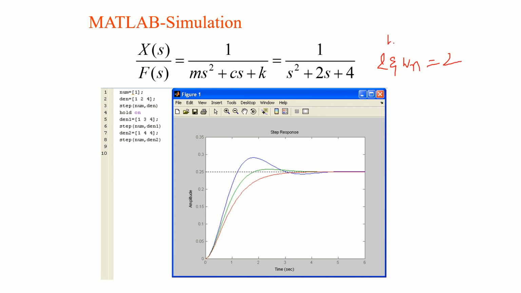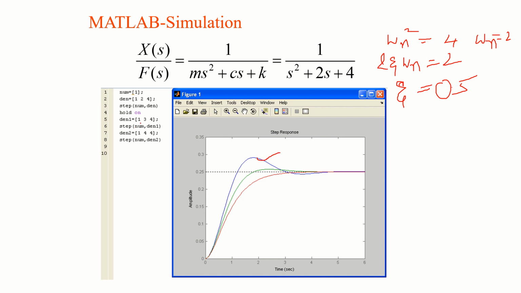So here omega n square is equal to 4. That means omega n is equal to 2 from this equation. So omega n is equal to 2 if I substitute zeta is equal to 0.5. So for zeta is equal to 0.5, correct? This is the response.